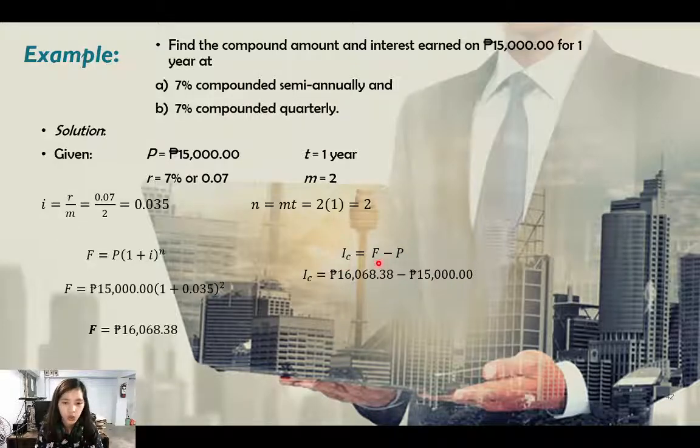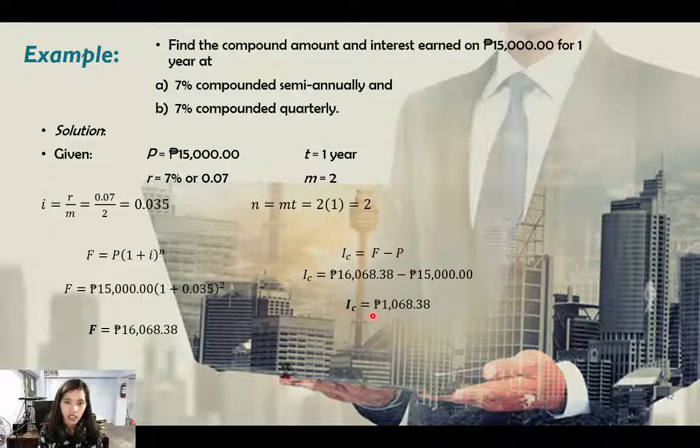You're going to subtract the future amount or future value sa ating principal amount. 16,068.38 minus 15,000 is equal to 1,068.38.